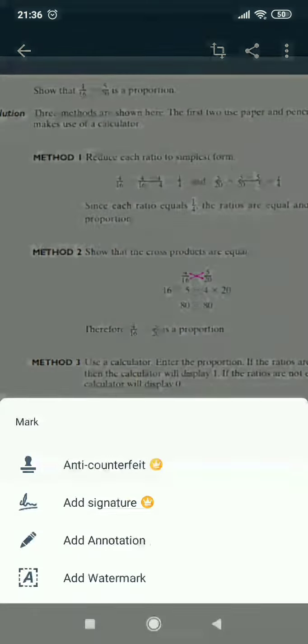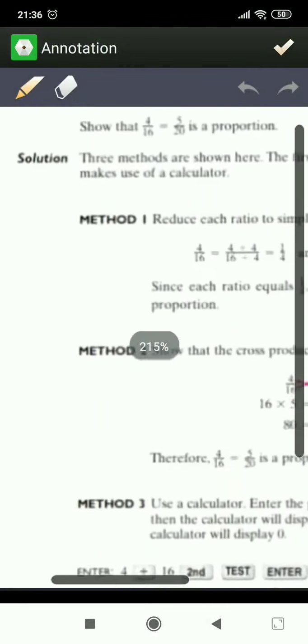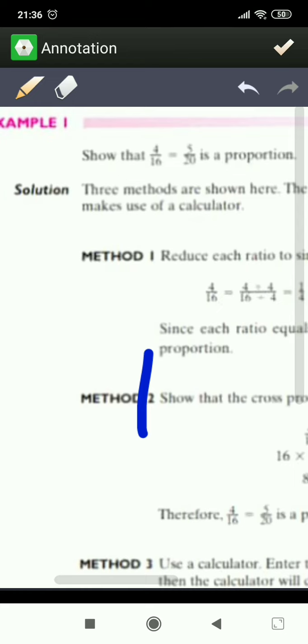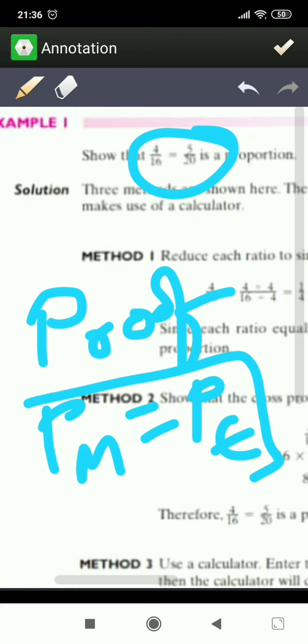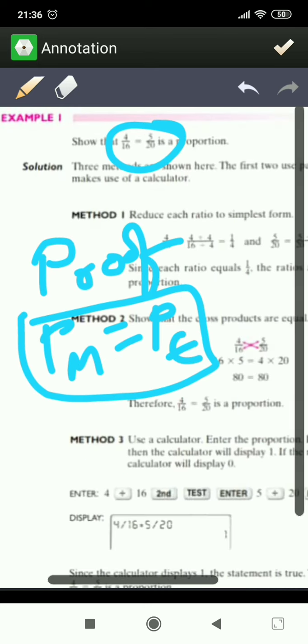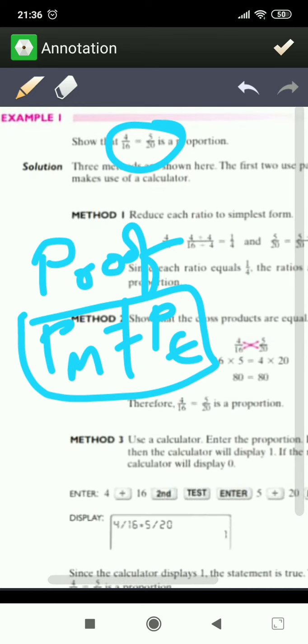We have also done this question here. 4 by 16, 5 by 20 are in proportion. Show how? Prove that product of means equals product of extremes, then it satisfies the given condition, or if not, it does not maintain that proportion.